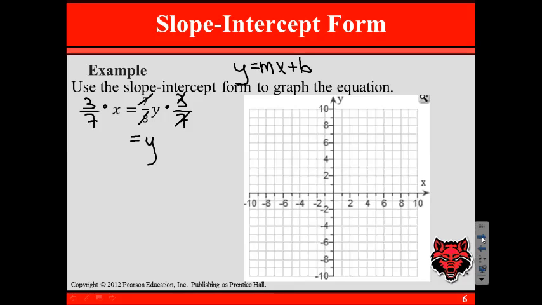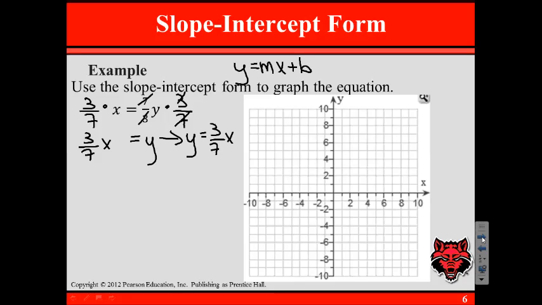On the left-hand side, 3 over 7 times x is just 3 over 7x. Now, because we have the symmetric property with the equal sign, we can rewrite this where the right side is on the left side and the left side is on the right side of the equal sign. So y equals 3/7 x.